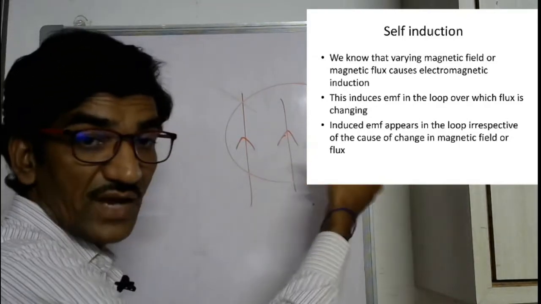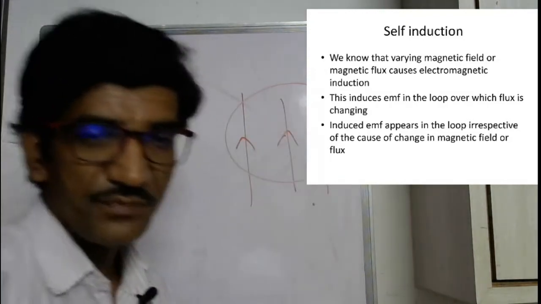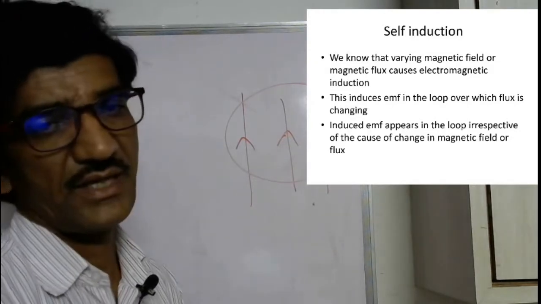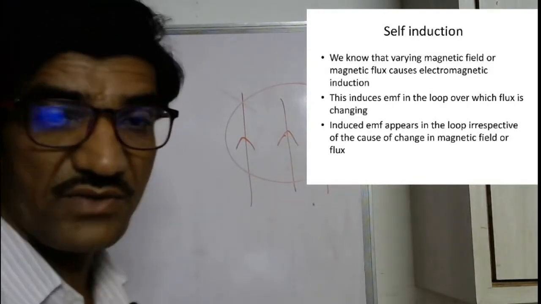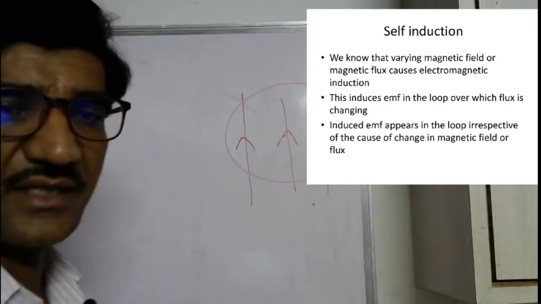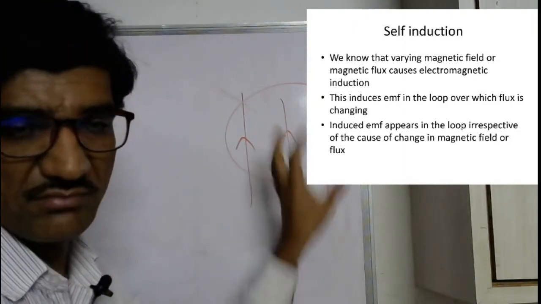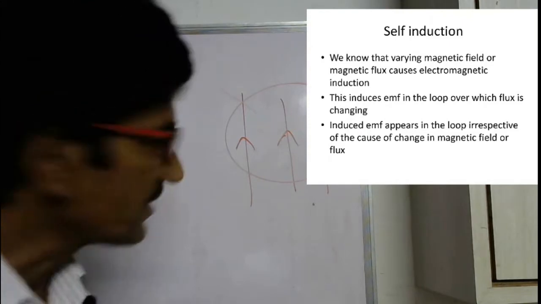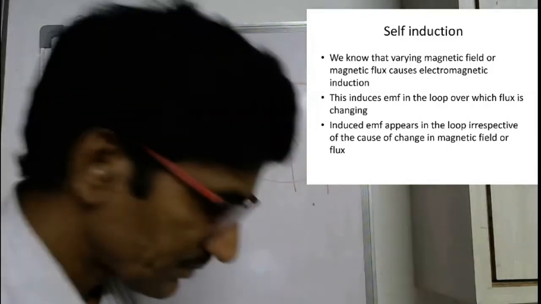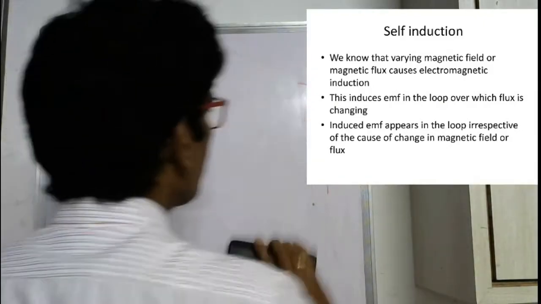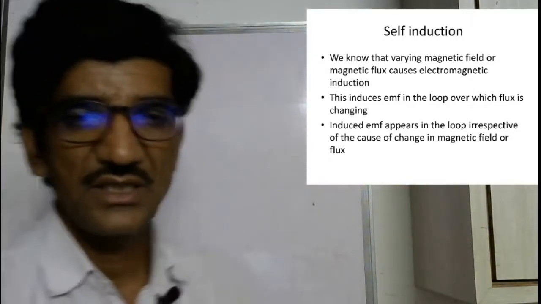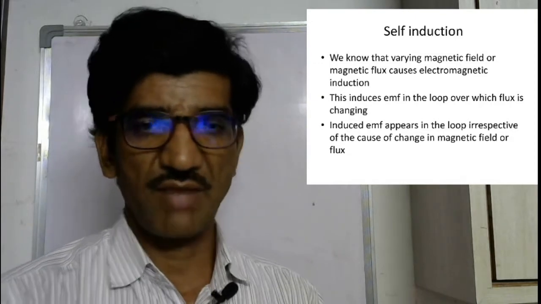Due to the change in the flux enclosed by this loop, you observe an induced current inside this coil. Here the changing magnetic field creates the EMF in the coil. This is electromagnetic induction. So due to the change in magnetic flux, you have the induced current or induced EMF.